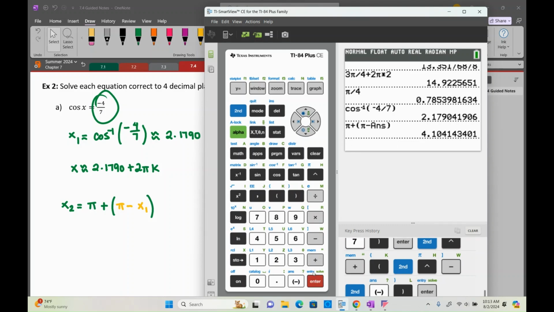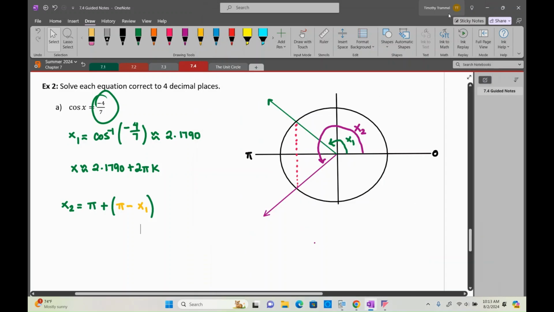And so I'm getting roughly about 4.1041. And so there's x2, which means that our remaining solutions here are going to be approximately equal to 4.1041 plus any multiple of 2 pi.